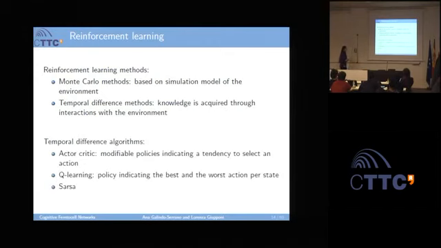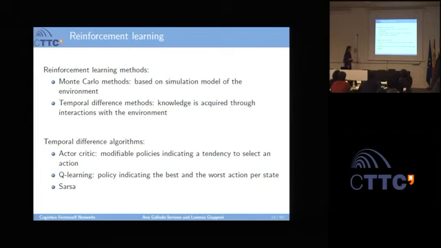So among the different temporal difference algorithms, we have two main groups: the actor-critic methods and the Q-learning and SARSA methods. The difference between these two groups of methods is how the policy will be obtained. For actor-critic methods, we will obtain modifiable policies which will tell us the tendency to select an action.